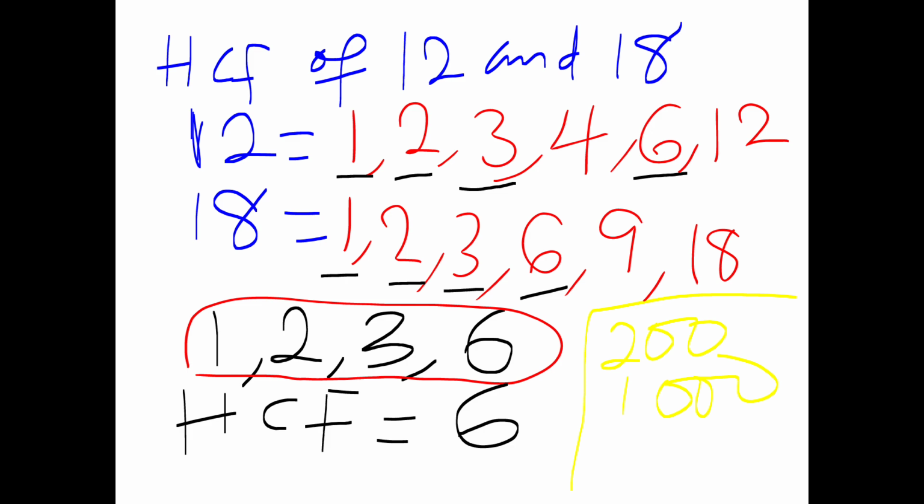Sometimes it can be three numbers at the same time, right? So we cannot be listing out the factors of 200 first before we start listing out that of 1000, and then you list out that of 300. You are going to exhaust all your pages. So I'll be showing you another method which you can use to find your HCF without stress.